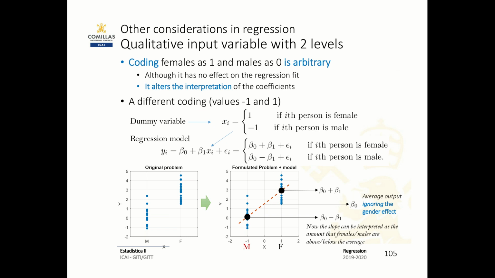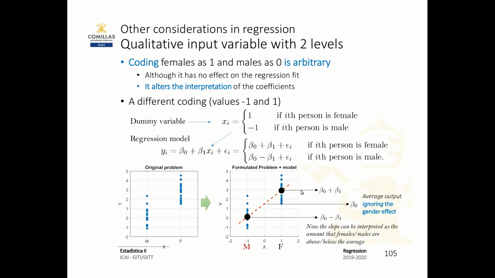So another very common way is -1, 1. So now the effective regression would be beta 0 plus beta 1 if the person is female, or beta 0 minus beta 1 if the person is male. So for the same data that we had before, the fitting is almost the same.